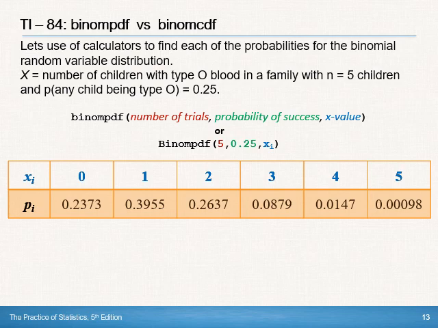All right, so now hopefully you were able to get all these same values. But now let's see, this is not going to be super convenient sometimes. If we wanted to calculate the probability of a set number of children, 1 or 2 or 3, that have O blood, then this PDF works well. But what if we wanted to ask the probability that x is less than or equal to 3?